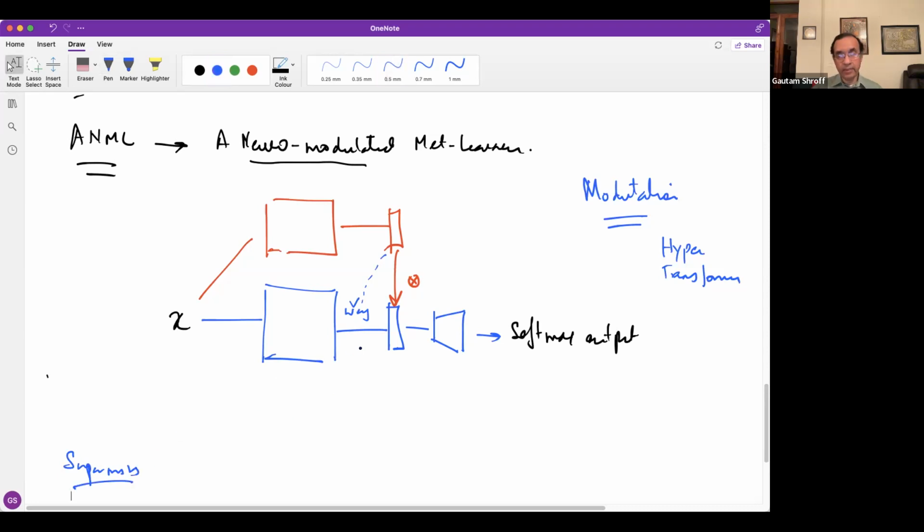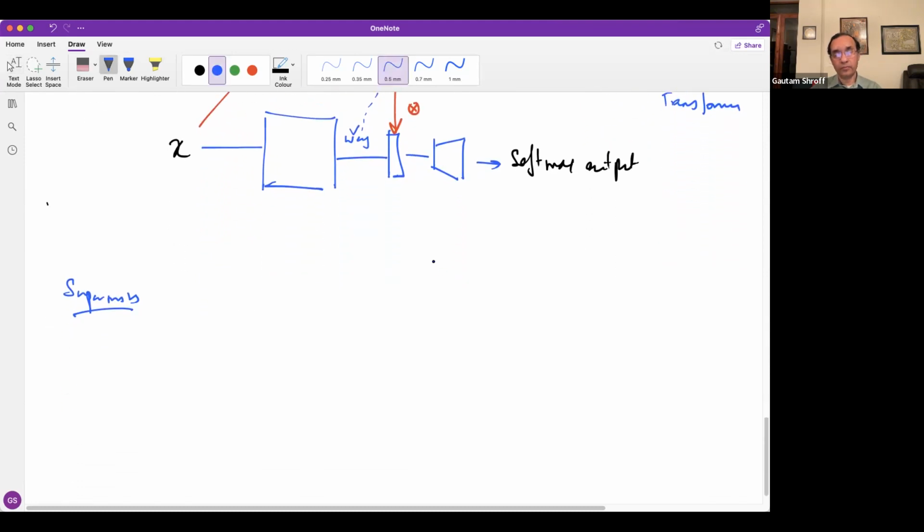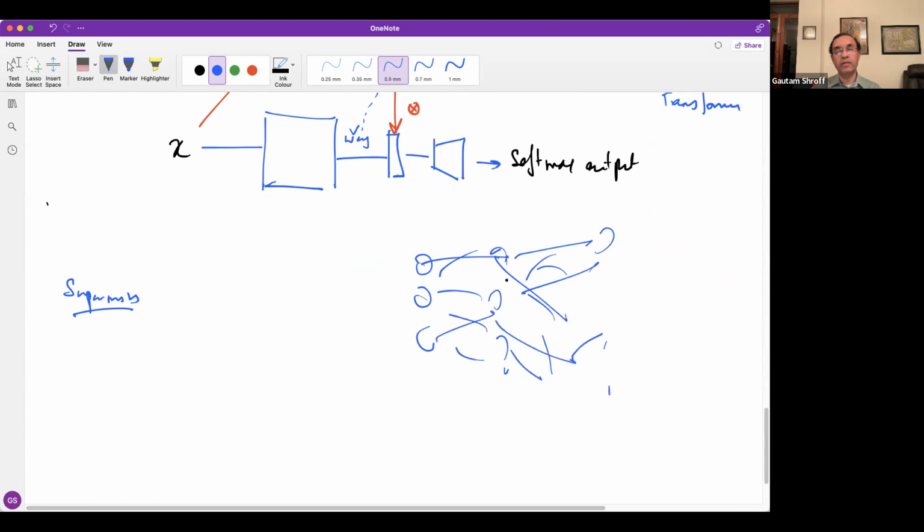So the idea is that in a very large network, there are many small networks, right? Some of them are totally independent of each other. Some of them overlap with each other, like this guy may overlap with this network here and this network here.